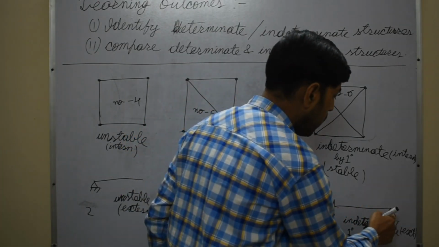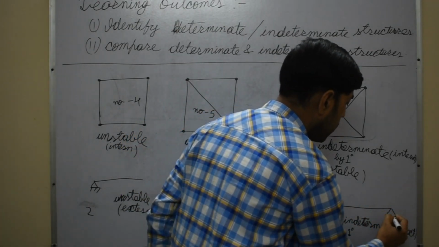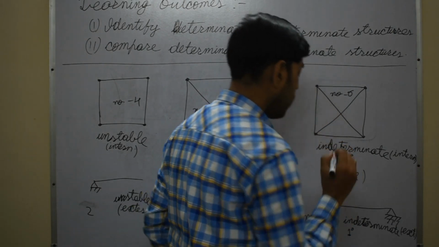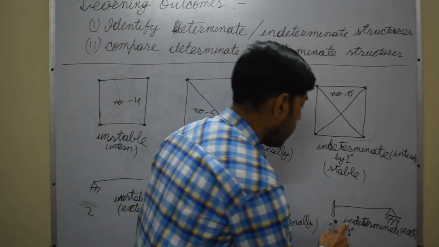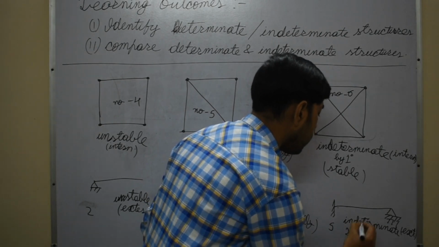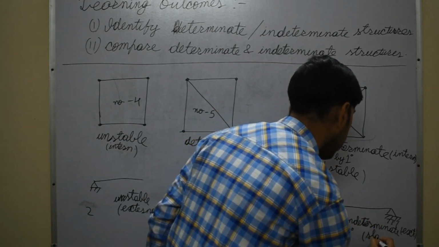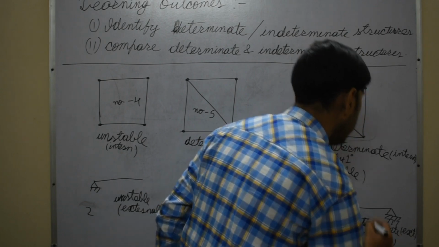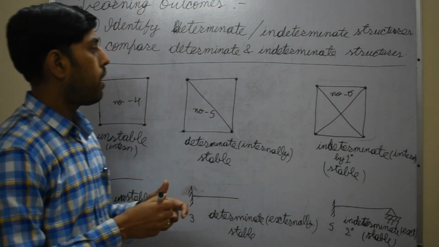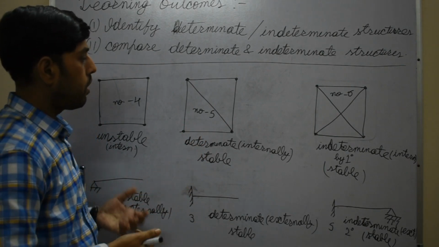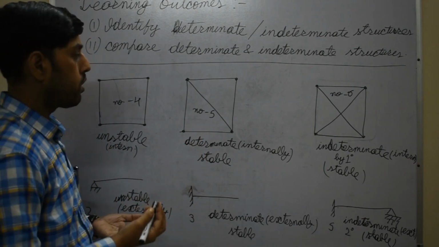If suppose we had put this like a pinned connection, then it would have 5 support reactions, and in that case it would have 2 degrees of indeterminacy, and this is again stable. So this is how we can identify determinate and indeterminate structures, and stable or unstable structures.